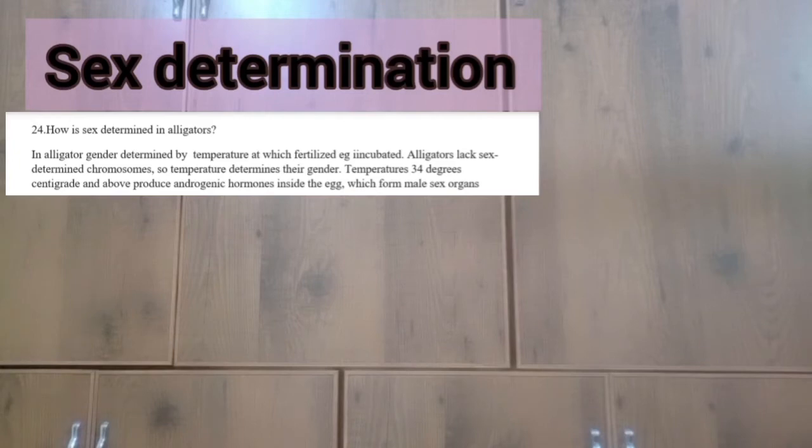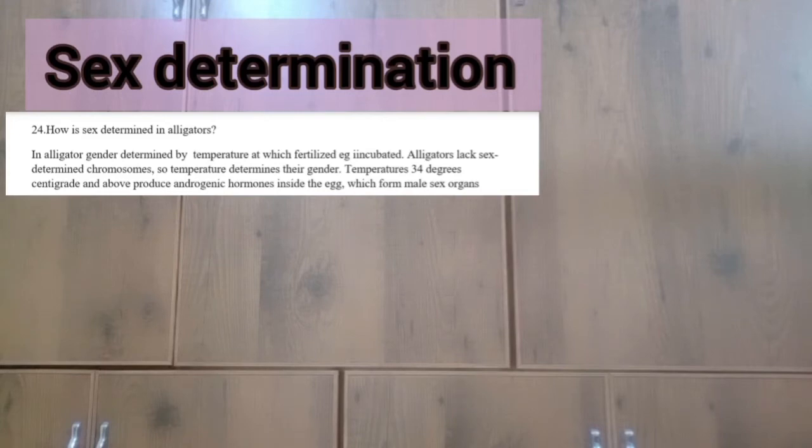Some rely entirely on environmental cues, that means environmental conditions. Thus, in some animals, the temperature at which eggs are kept determines whether the animals developing in the egg will be male or female. This is the case in alligators and crocodiles.